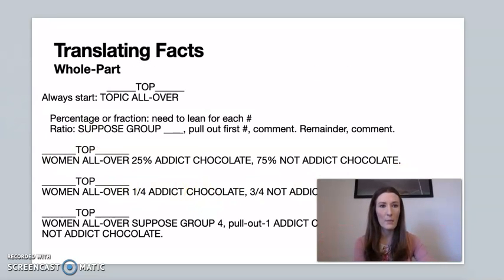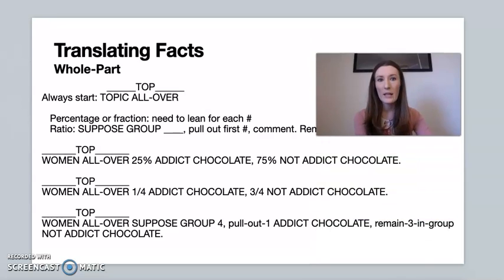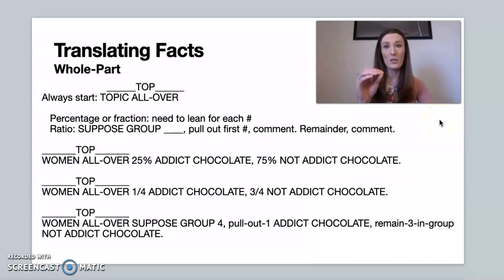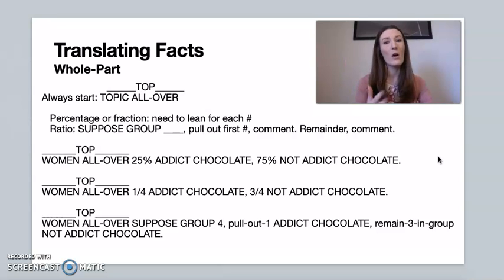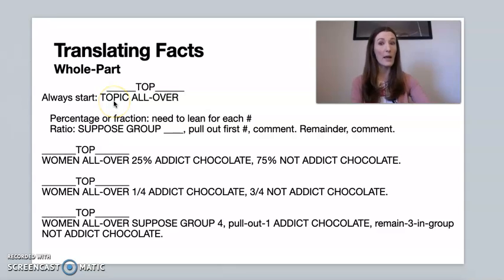So here's, let me move my face. Here is an example so that you can understand the grammar setup. You're always starting with your topic. So for this example, 25% of women are addicted to chocolate. We're going to assign our topic, which is women.